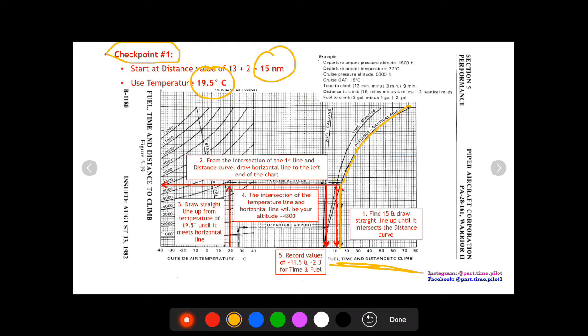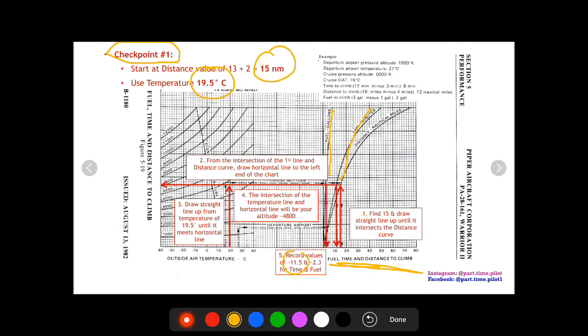At that intersection, we draw a horizontal line all the way over to the left side of the chart. Where that horizontal line crosses the time curve and the fuel curve, we can draw vertical lines down and read off the values for fuel and time.